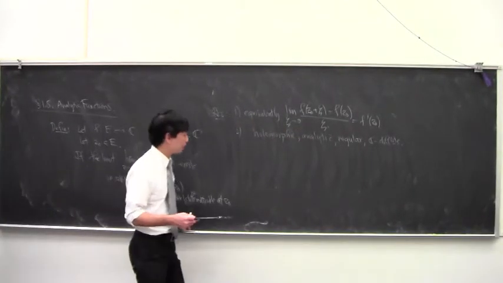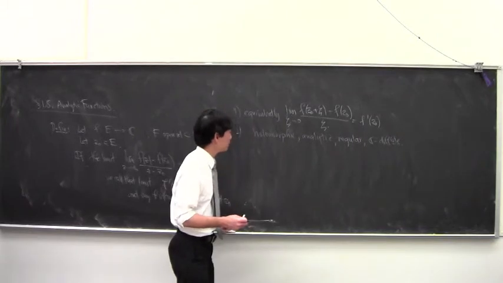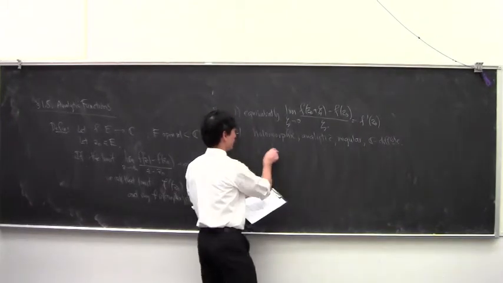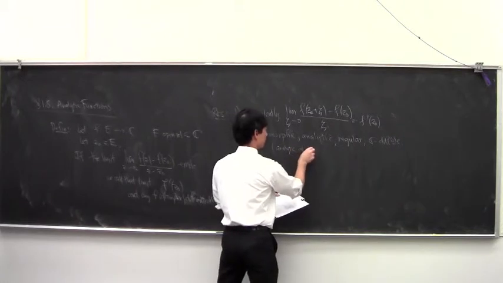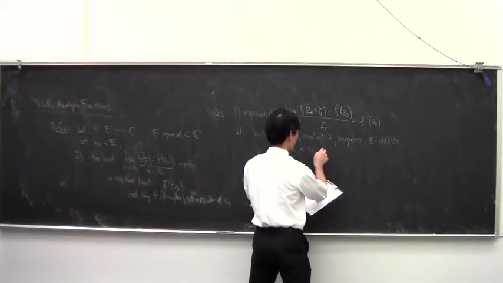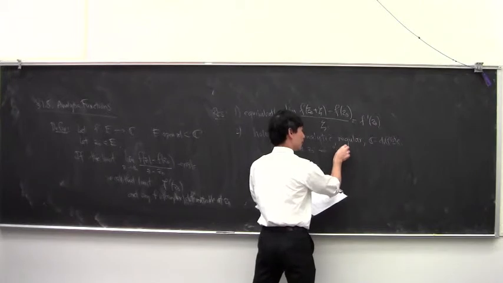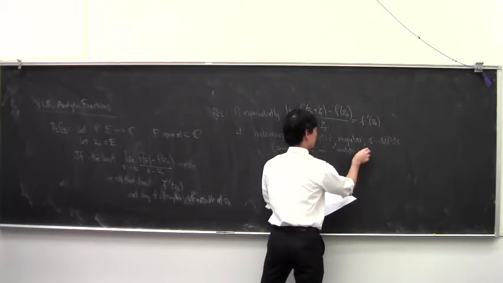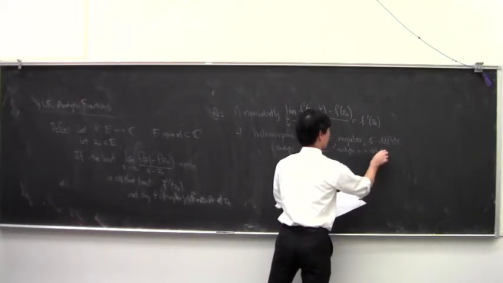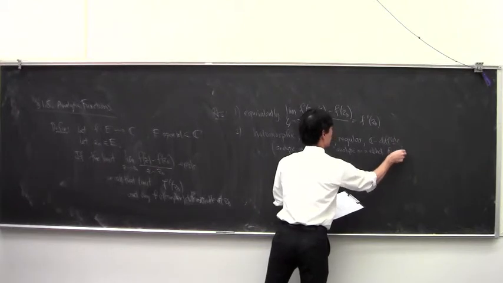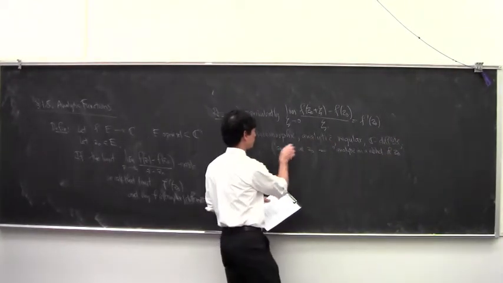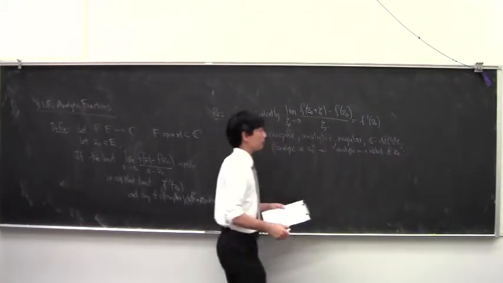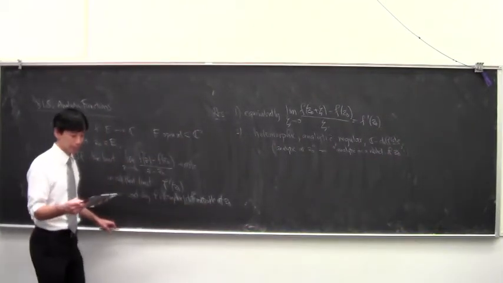But one warning: in this book, if they say analytic at a point, they actually mean analytic on a neighborhood of that point.